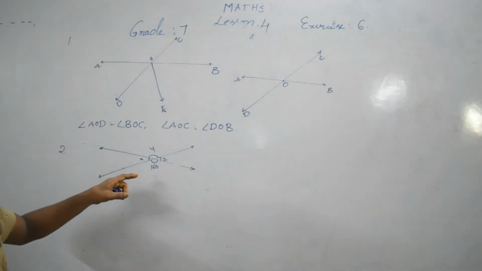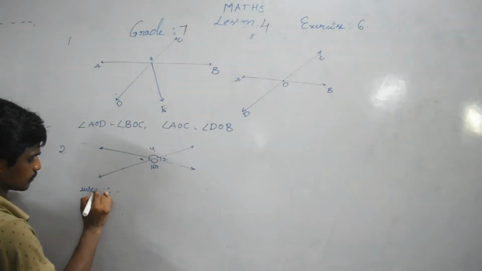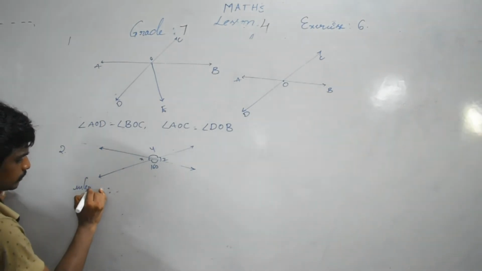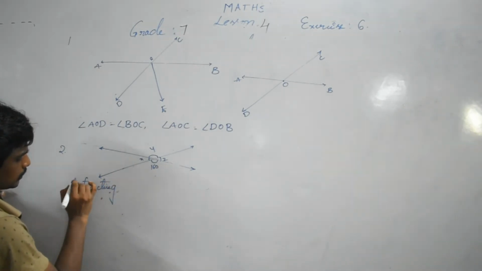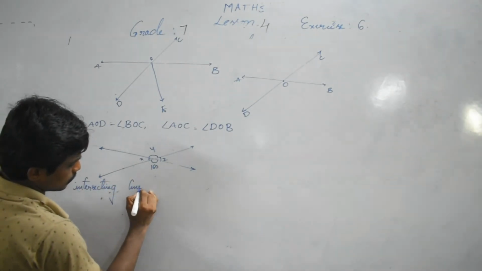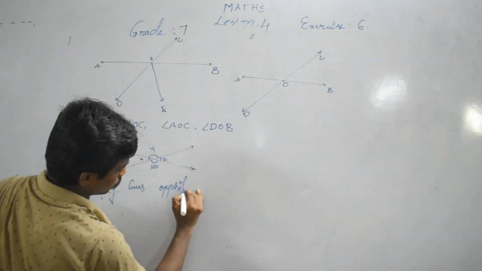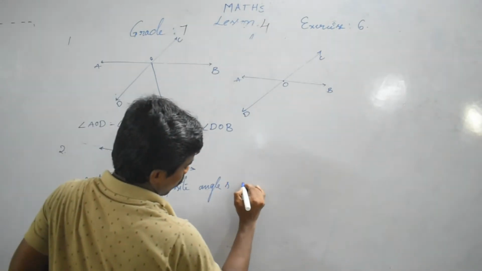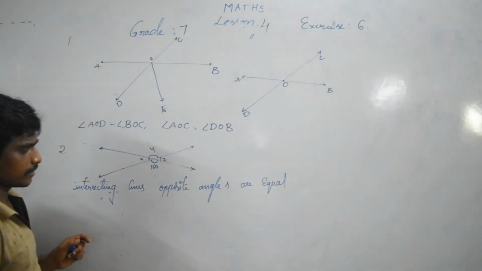So intersecting lines, opposite angles are equal.